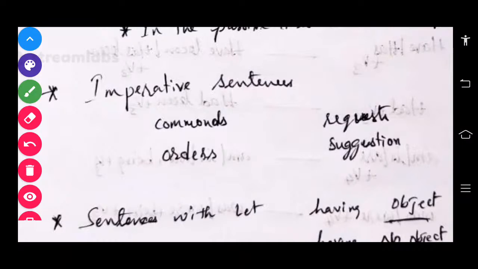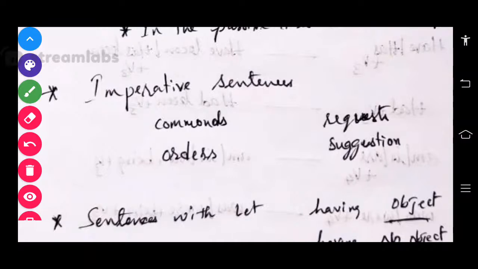But when we need to make a passive sentence and an imperative sentence is used as a command or order, it is different.